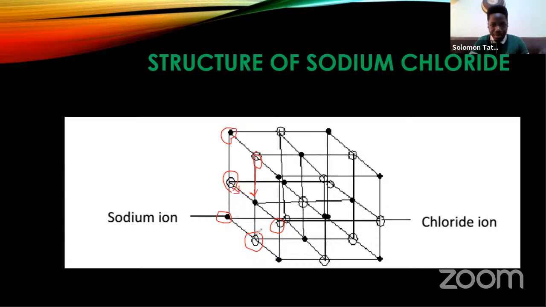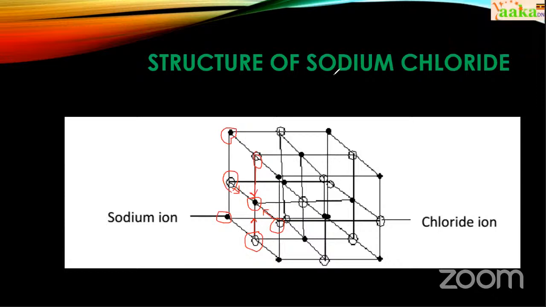So this middle one is surrounded by these, the ones that I'm pointing towards. This sodium ion right here is surrounded by these 4 negatively charged chloride ions. As a result, it forms this giant ionic structure, which is a 3D structure, and it forms in the form of crystals in the environment. So that is the giant ionic structure.